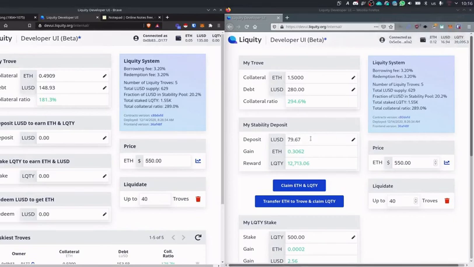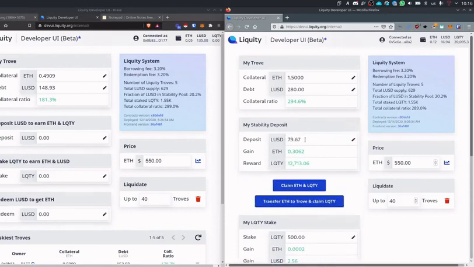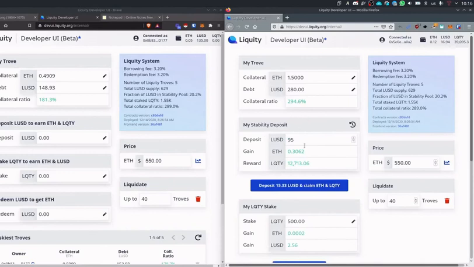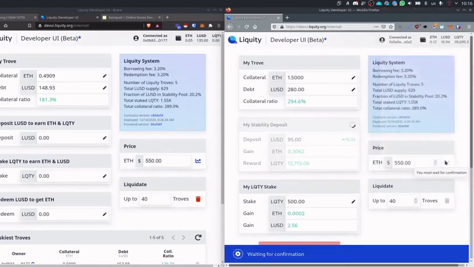We can go a bit higher maybe. Let's go to 95. So this is how you deposit to the stability pool and become eligible for rewards.